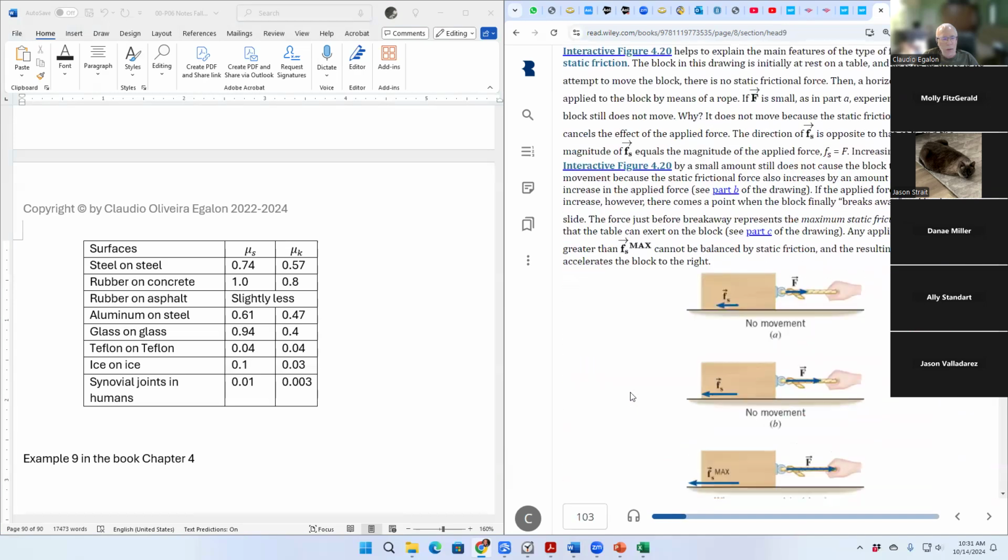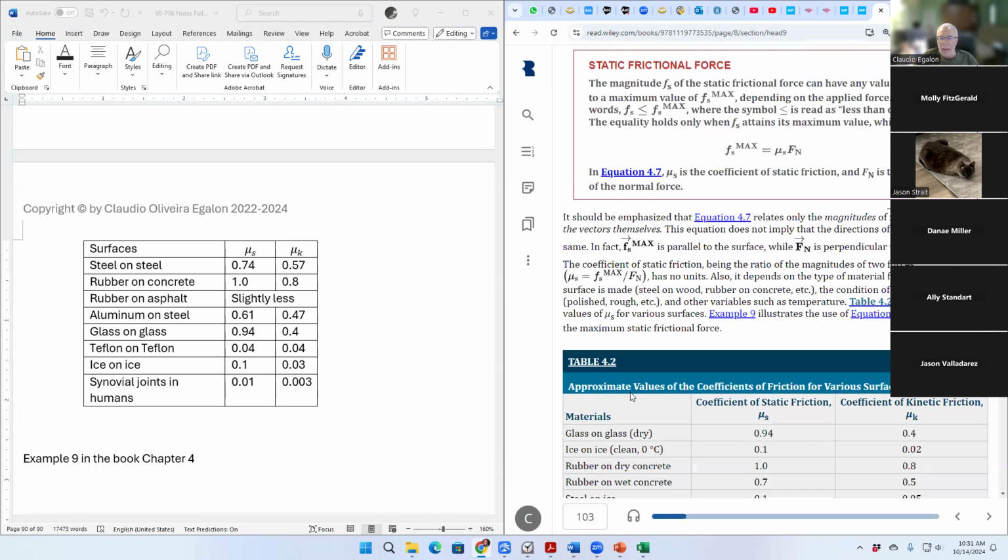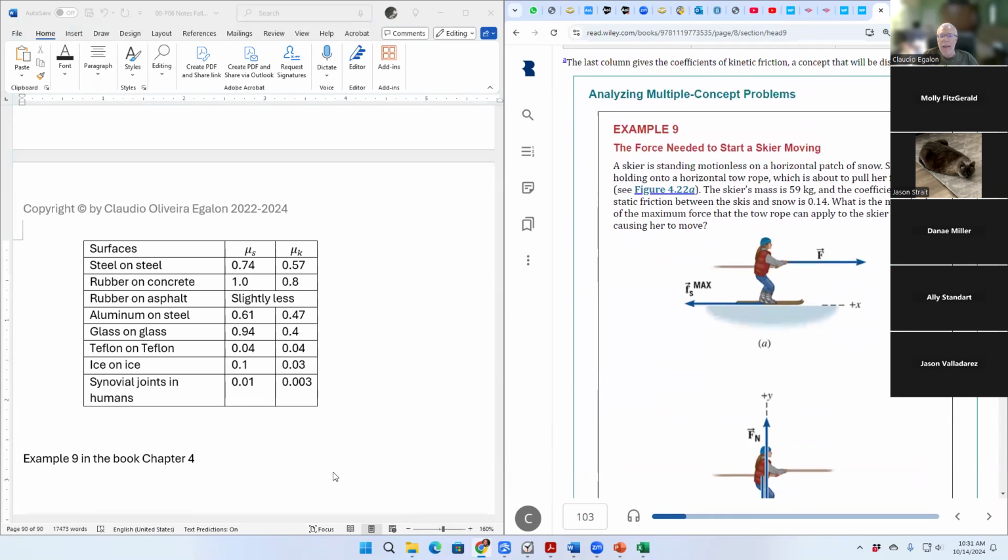We have a skier standing motionless on a horizontal patch of snow. It's at rest. The skier is holding onto a horizontal tow rope, which is about to pull her forward. The skier's mass is 59 kilograms, and the coefficient of static friction between the skis and the snow is 0.14. What's the magnitude of the maximum force that the tow rope can apply to the skier without causing her to move?